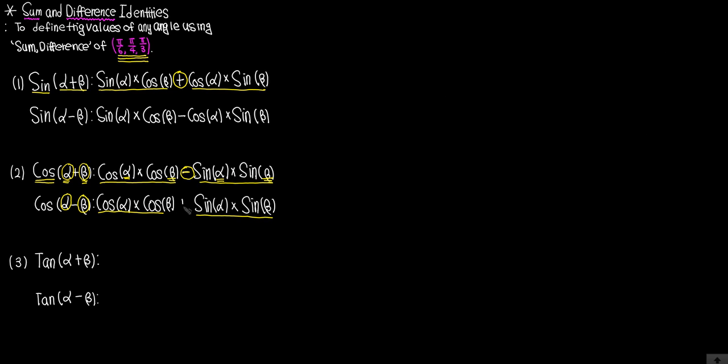So we'll add them when it is a cosine difference identity. We'll subtract them when it is a cosine sum identity.